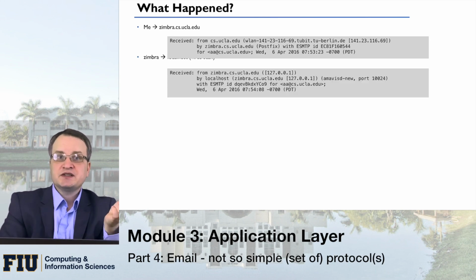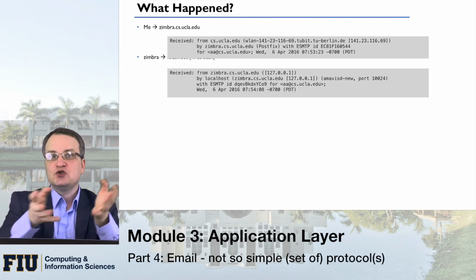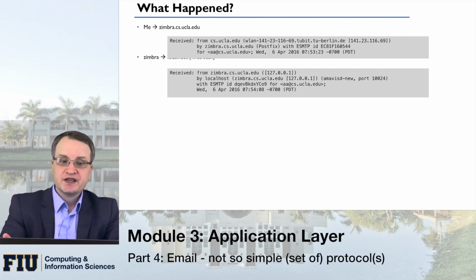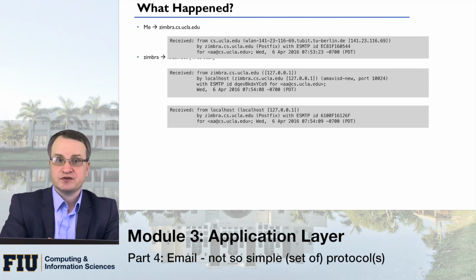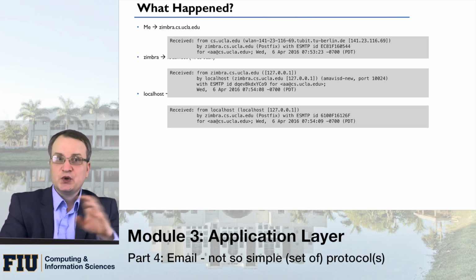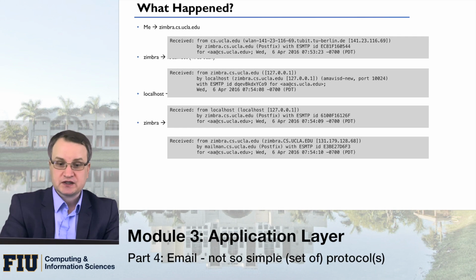Then there's another message received, the same message received by the internal service inside, and I'm guessing this is some form of either spam checking or antivirus checking, or something like this. Then there's an additional iteration inside the server that again did something. I don't know exactly what happened, but there is some internal processing.